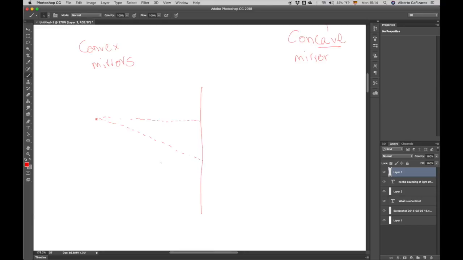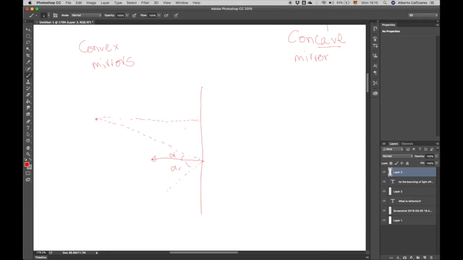And law number 1 will tell you that if it hits the mirror, and this is the normal to the mirror, also known as the tangent to that point in this mirror, the light will bounce at the same angle. So this is one angle, let's call it alpha, the angle of incidence, alpha I. Then this will be alpha reflected, which will be the same.